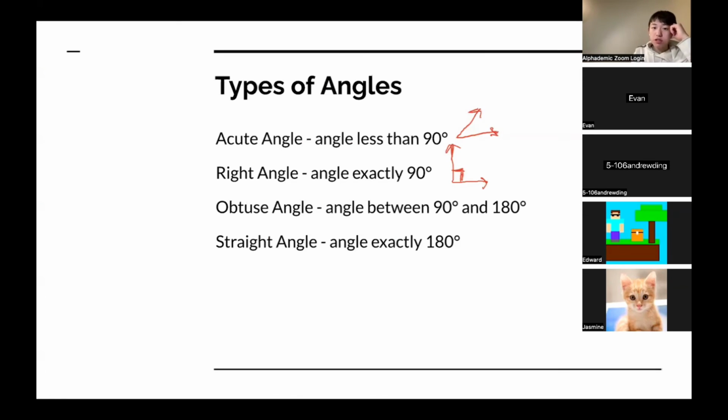Next up, we have an obtuse angle, an angle between 90 and 180, so an angle something like this. And then a straight angle, an angle that is exactly 180 degrees. Does anyone have any questions on the types of angles?